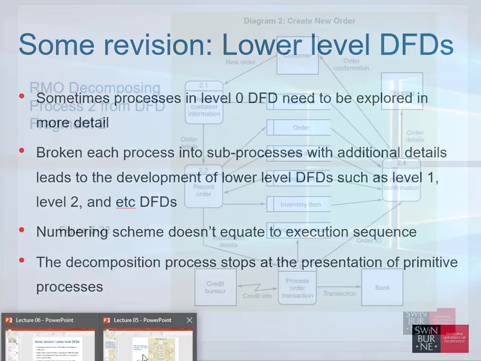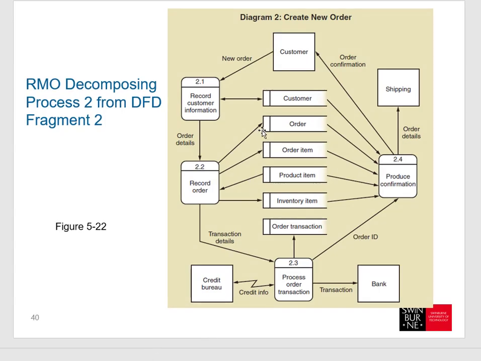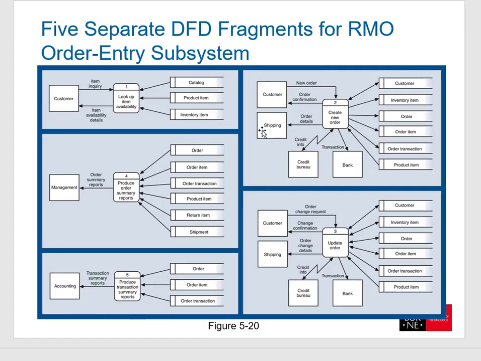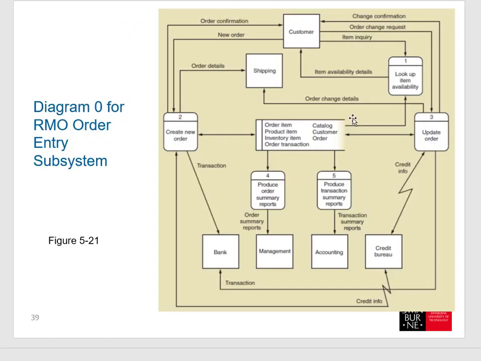If you go through your previous week 5 slides, you can see in the level 0 diagram, these numbers that we have put into the processes do not mean the sequence. You can put any numbers, but make sure that it is consistent.